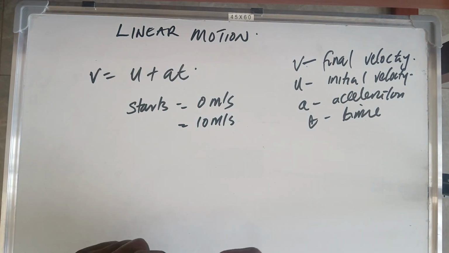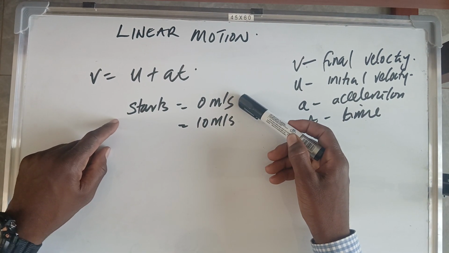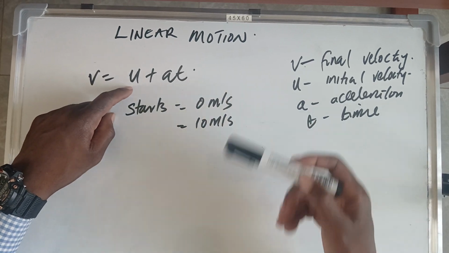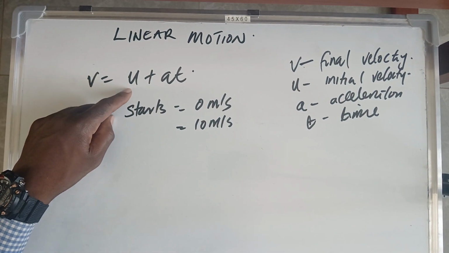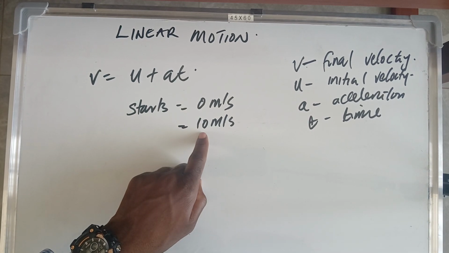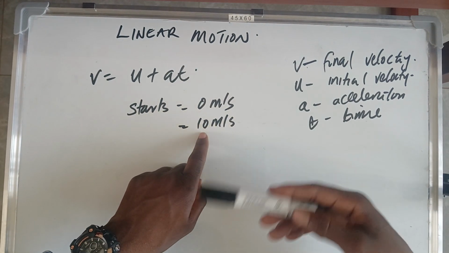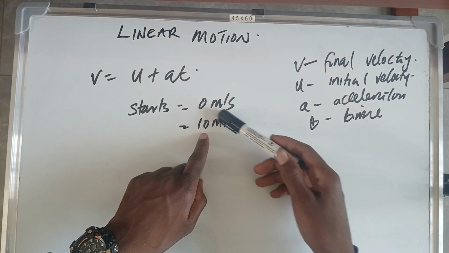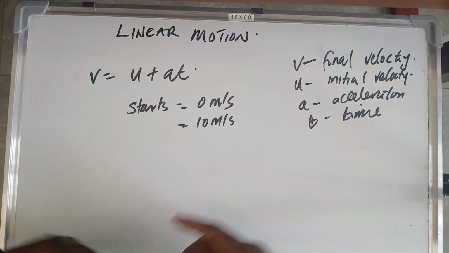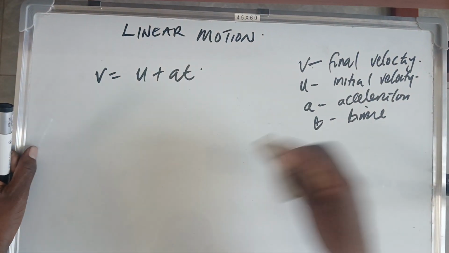Now, the velocity with which a car starts is what we call initial velocity, represented by the letter u. Then the later velocity which it reaches is what we call the final velocity. So it's very important for you to understand what initial and final velocity are.